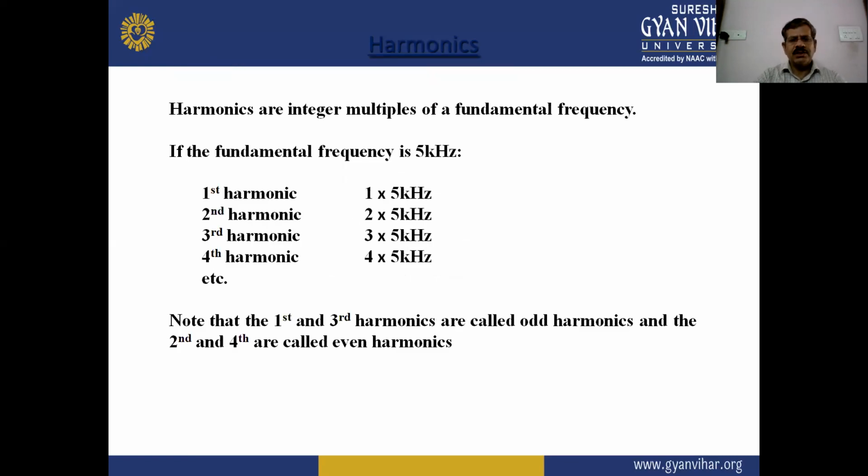So there are some harmonics. What are harmonics? Harmonics are integer multiples of a fundamental frequency. If the fundamental frequency is 5 kilohertz, the first harmonic is 1 times 5 kilohertz, the second harmonic is 2 times 5 kilohertz, the third harmonic is 3 times 5 kilohertz, the fourth is 4 times 5 kilohertz, and so on.